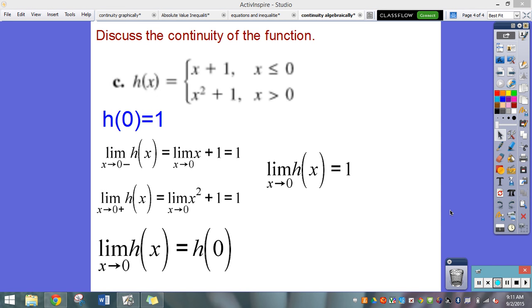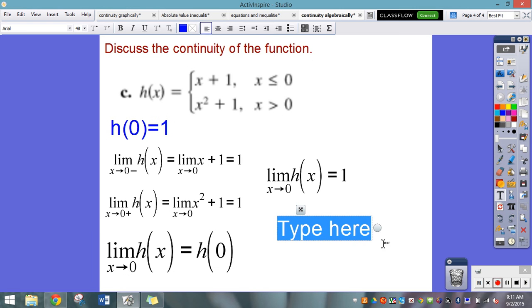Because I have shown using the conditions of continuity that where the two pieces meet are equivalent, I have shown algebraically that this function is continuous on its entire domain. It's everywhere continuous. So I would just state h of x is everywhere continuous.